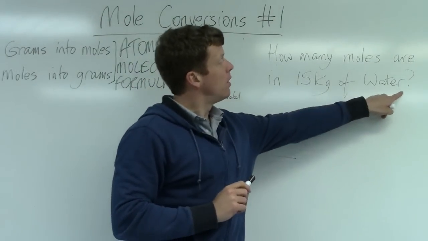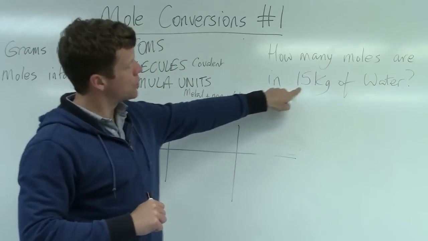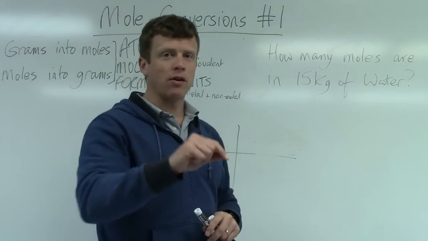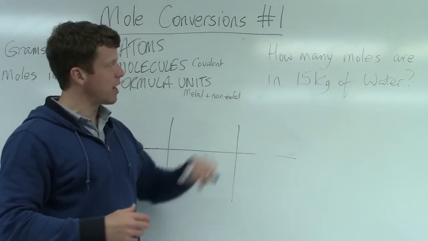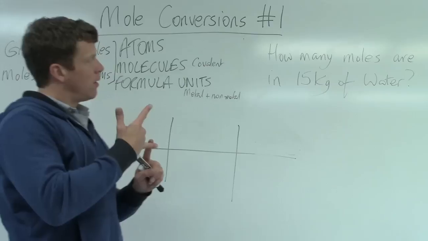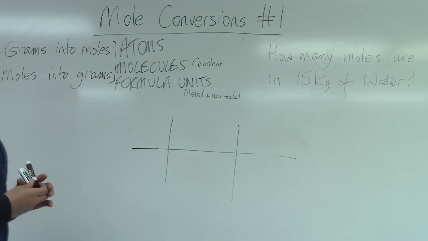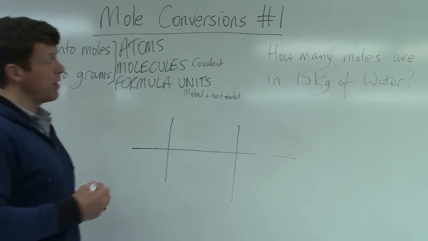We need to add up the molar mass of water, H2O. We've also got to do something with kilograms because the units on the periodic table relate to grams, so we need an extra step, convert kilograms into grams and then grams into moles. Alright, so the first little step that I need to do is look up the molar mass of water.